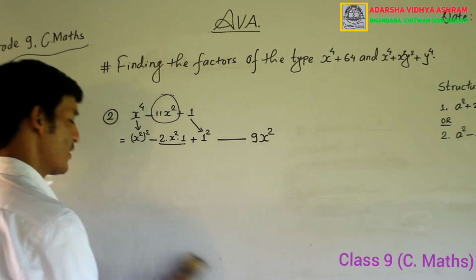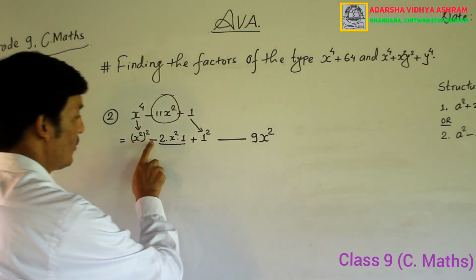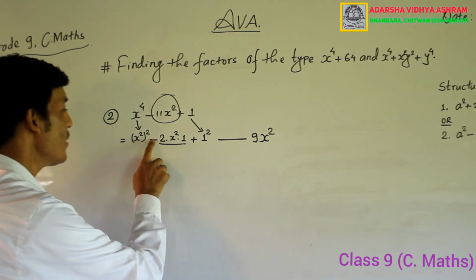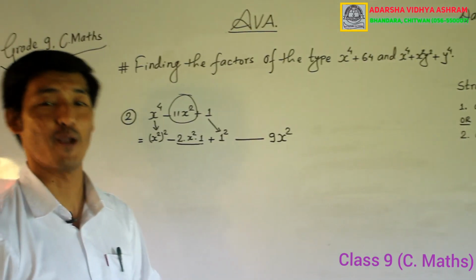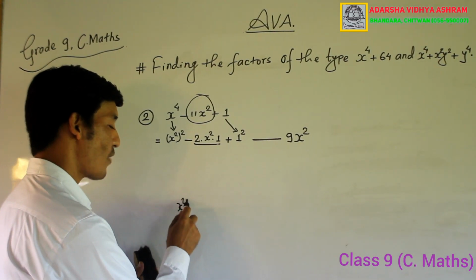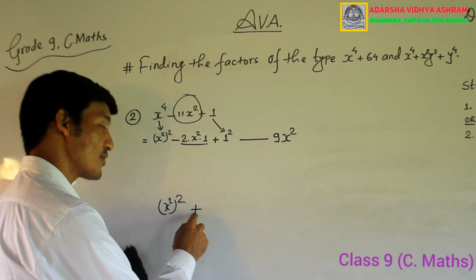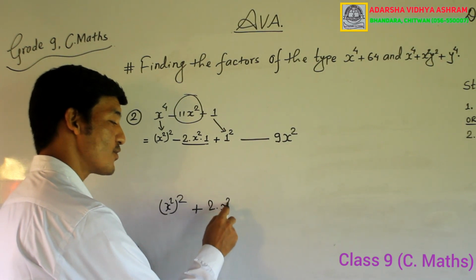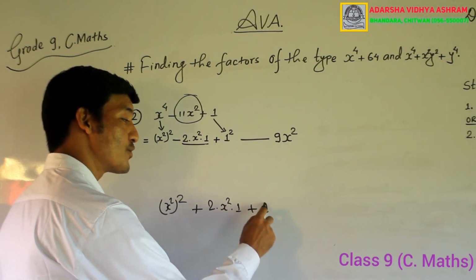We understand. But sir, you may have the question, why don't you change this minus into the plus? Let me give the reason. See, if you write here x square whole square, and at first plus, you write 2 into x square into 1 plus 1 square, no problem.